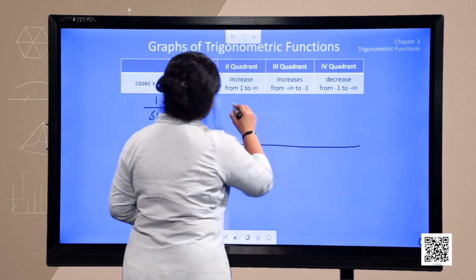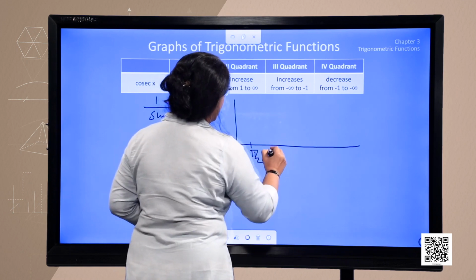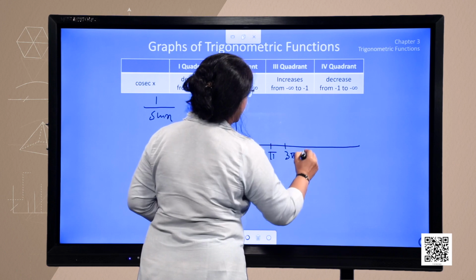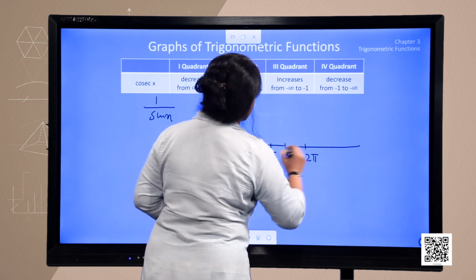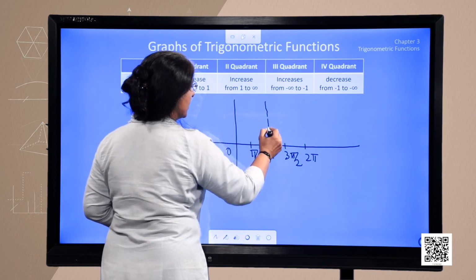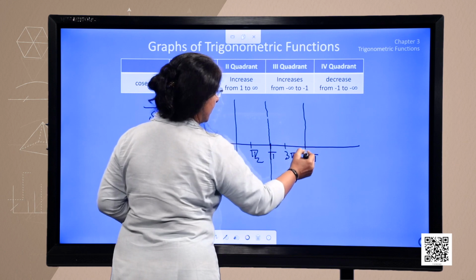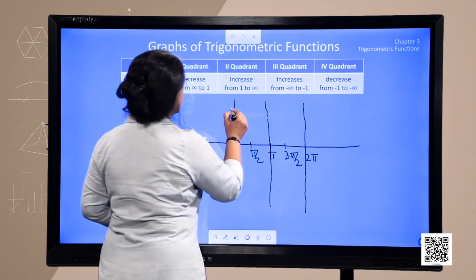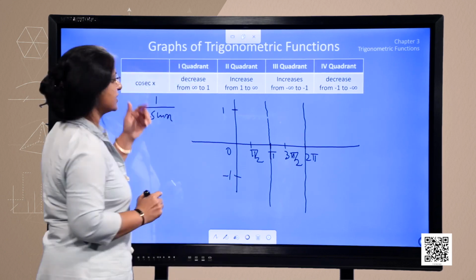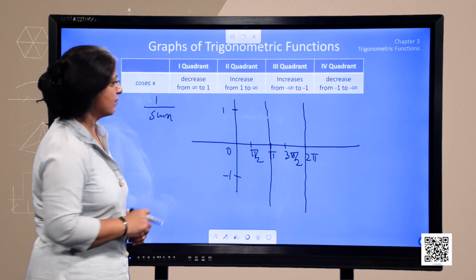If we draw this graph, we will demarcate these points, integral multiples of pi, by these dotted lines, and here it is 1 and minus 1, because the range of cosec x is greater than or equal to 1 or less than or equal to minus 1.